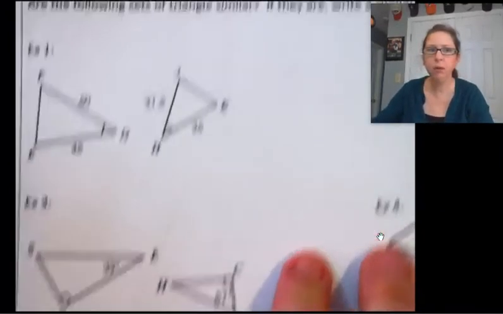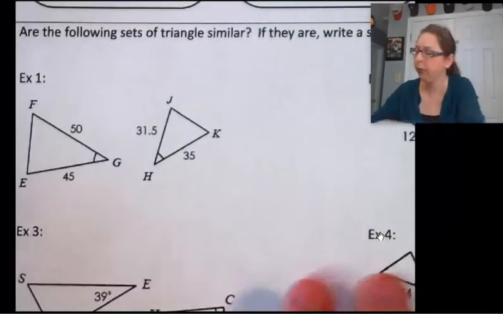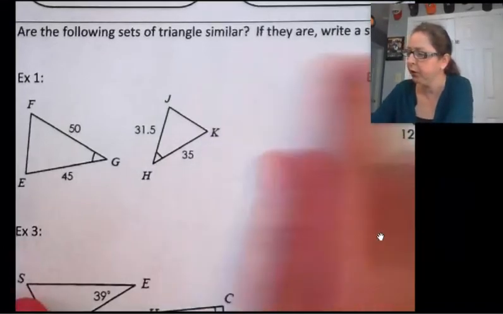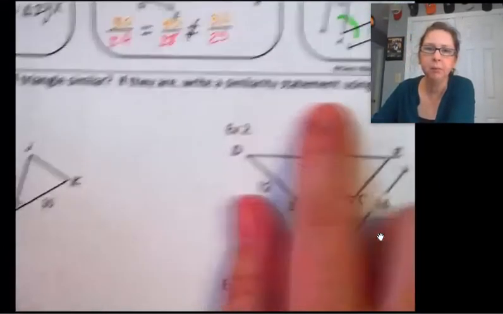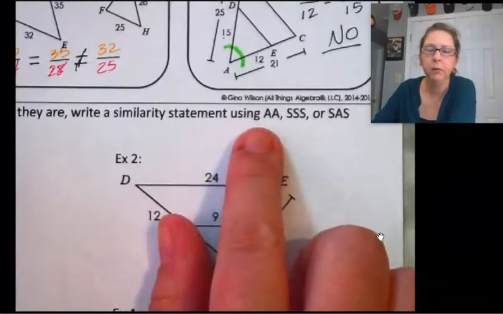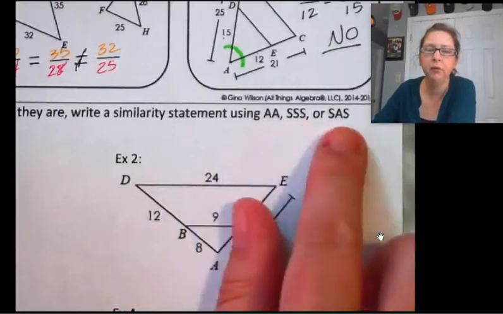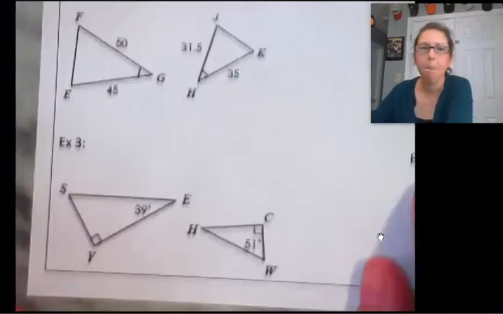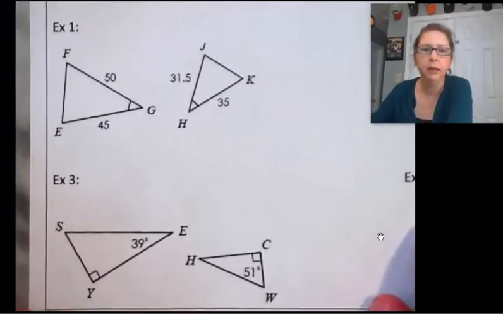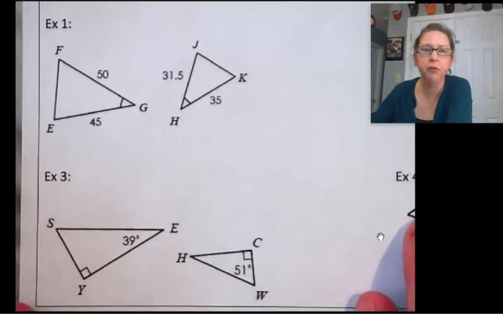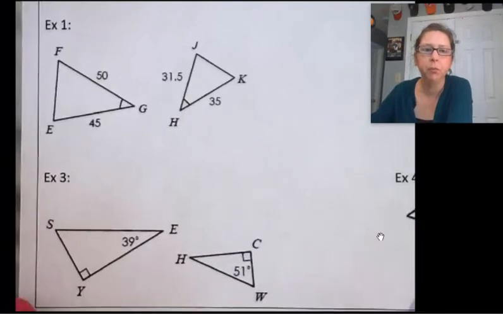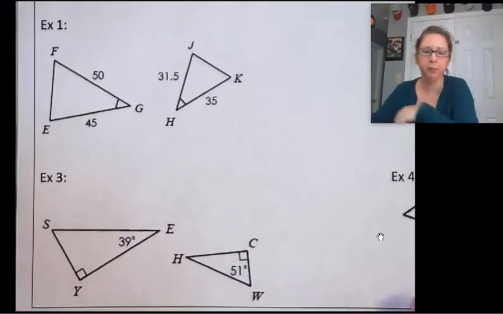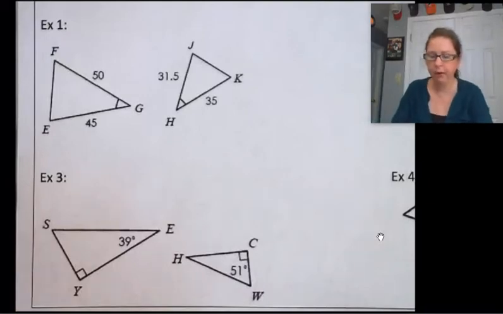Because these are all mixed together. So if they are similar, write a similarity statement using angle, angle, side, side, side, or side, angle, side similarity statements. Okay, so let's do 1 and 3 first. So pause your video and complete 1 and 3.